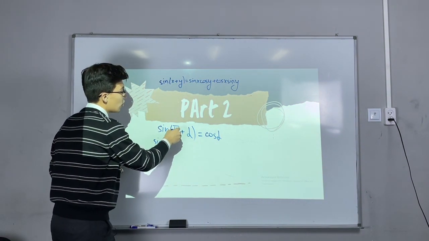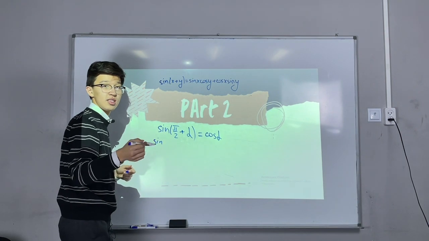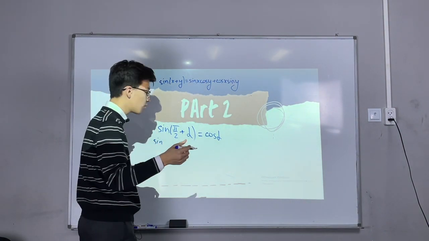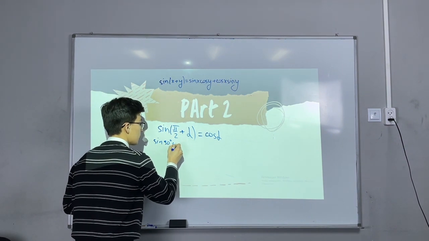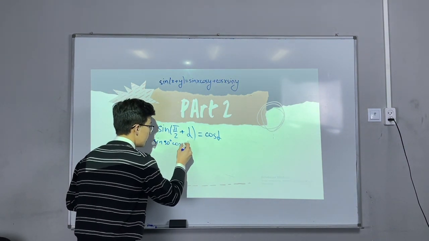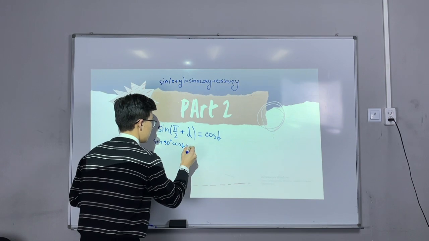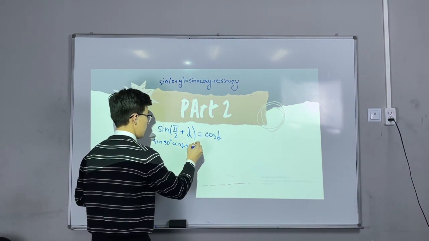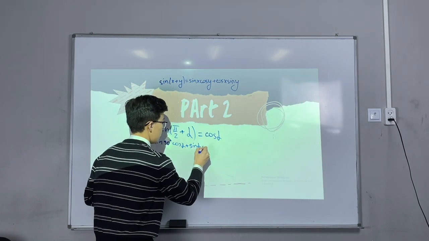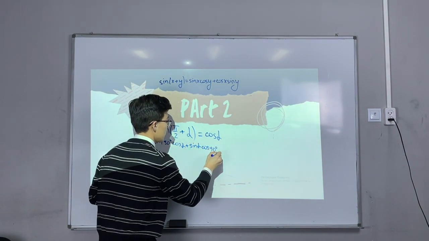Sine of pi over 2, we know that this is 90 degrees, plus theta equals sine 90 degrees times cosine theta plus sine theta times cosine 90 degrees.